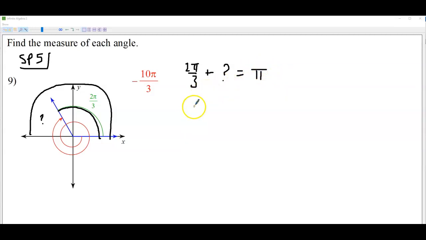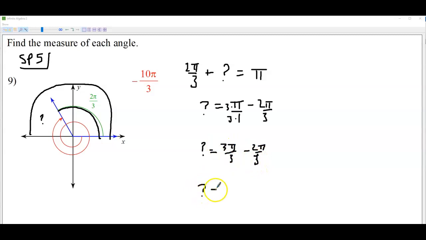Okay, so I'm going to go ahead and minus the 2 pi over 3 on both sides. And in order to subtract those, we're going to need a common denominator. So I'll put that over 1, and I'll multiply the top and the bottom by 3. So I end up with 3 pi over 3 minus 2 pi over 3, which is going to end up being 1 pi over 3.